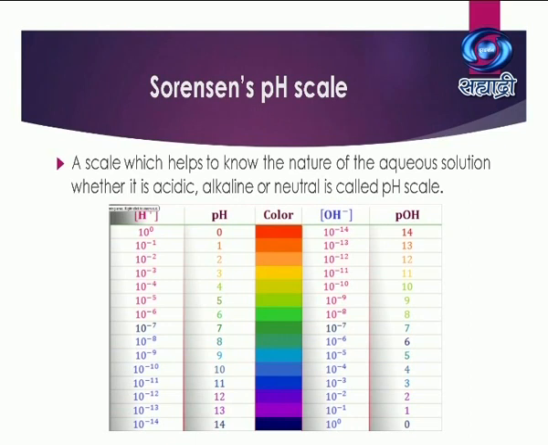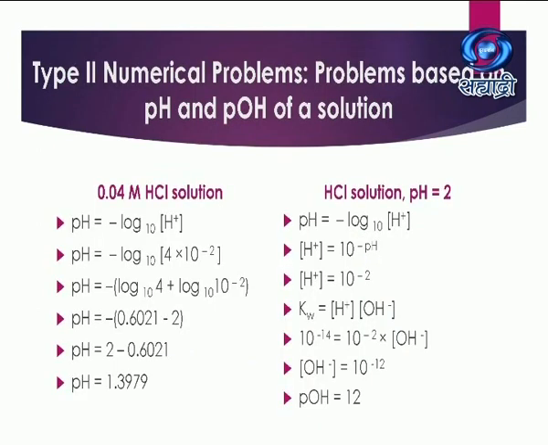Similarly, the definition of pOH is minus log to the base 10 of the molar concentration of OH minus, and so OH minus ion concentration is equal to 10 raised to minus pOH. So if you know pH or pOH, you can calculate H plus ion concentration and OH minus concentration for the same solution at the same time. And so this is the use of Sorensen's pH scale.